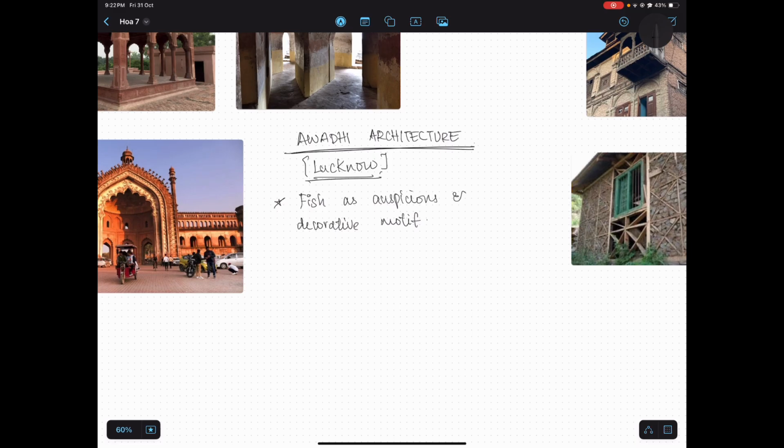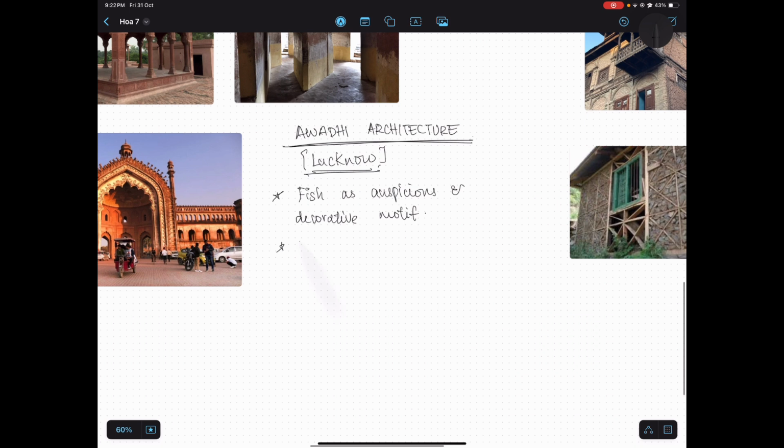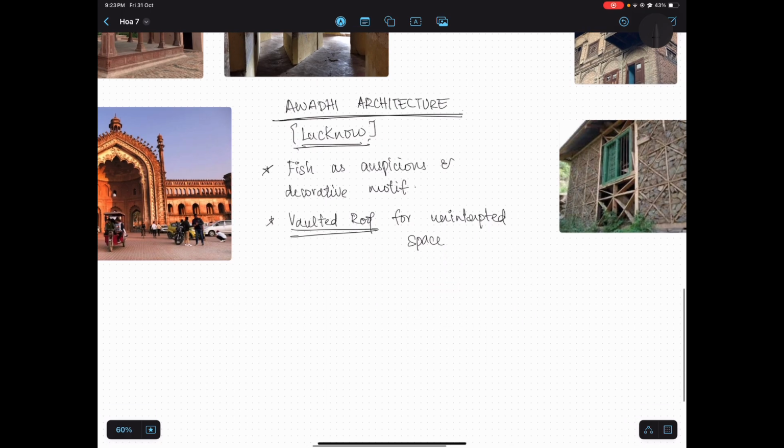Huge vaulted roofs were used for uninterrupted spaces. Vaulted roofs were very famous in Awadhi architecture, and they also introduced the baradari. So what is a baradari?